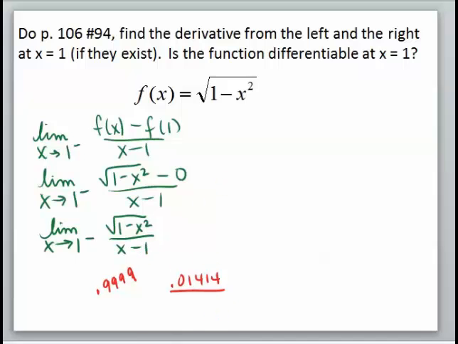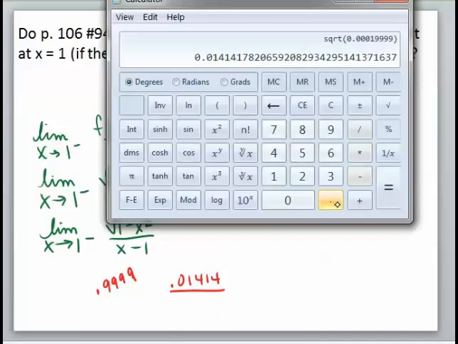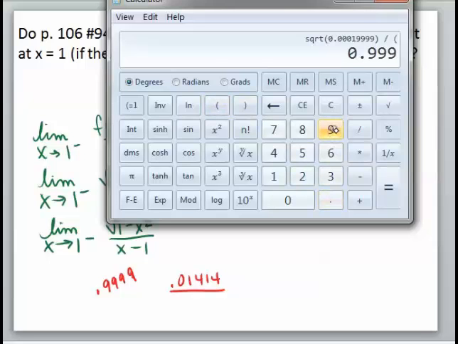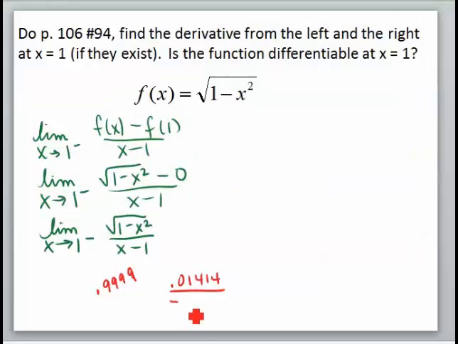On the bottom, I'm going to just do it all at once here. Divided by parenthesis 0.9999 minus 1, end the parenthesis. That gives me negative 0.0001 on the bottom.